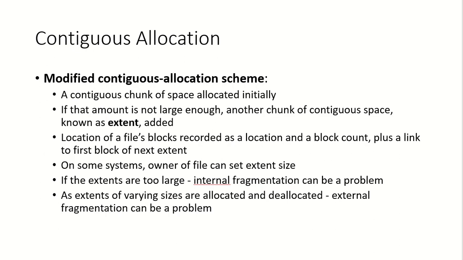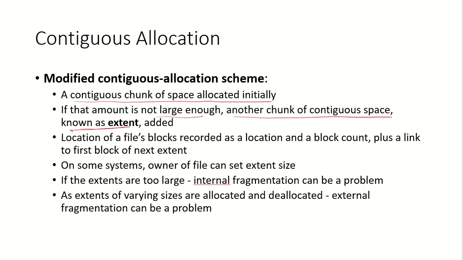So there is a modified contiguous allocation scheme also, where a contiguous chunk of space is allocated to the file initially, and if that amount of space is not large enough, then another chunk of contiguous space known as extent is added.